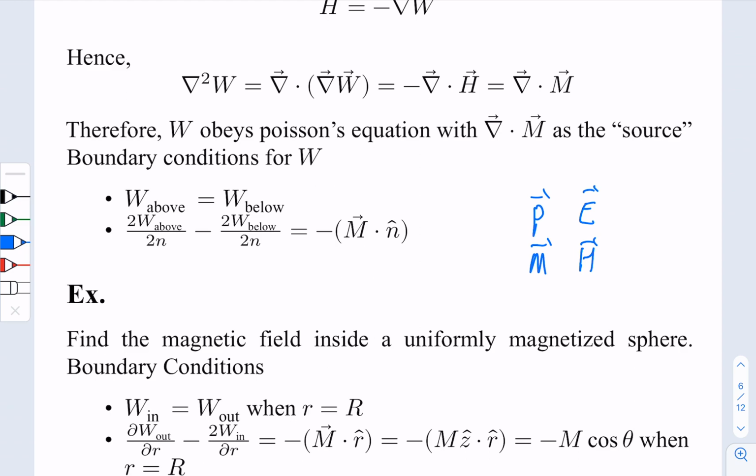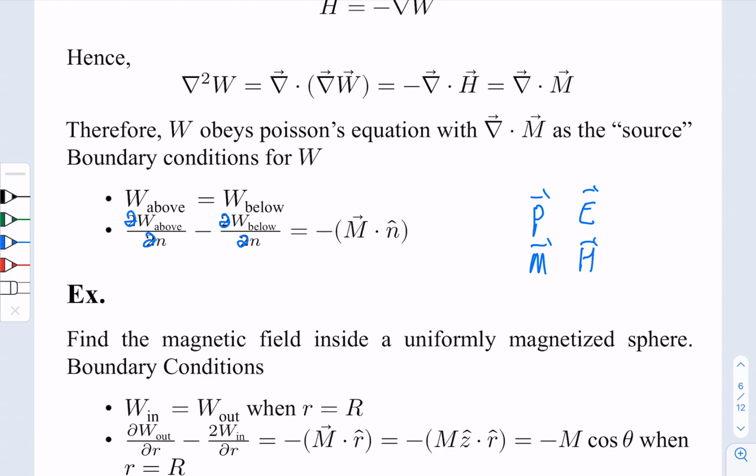So here are the boundary conditions. This W is the same as the V, the scalar potential for the electrostatic problem. If you still remember, V is always continuous in the static problem.